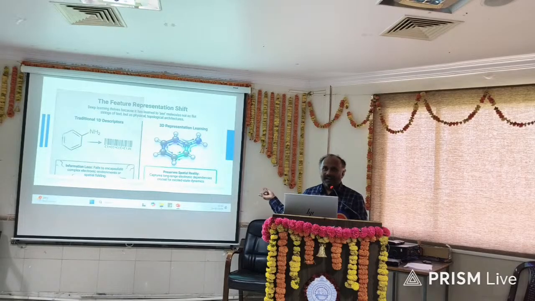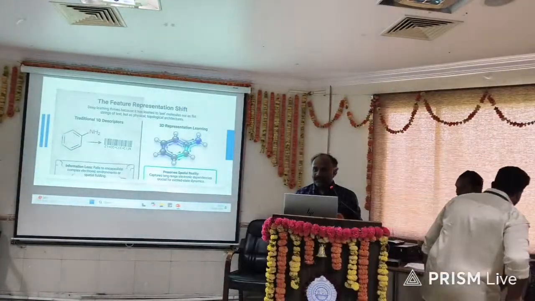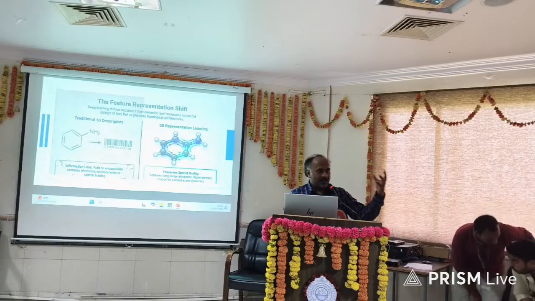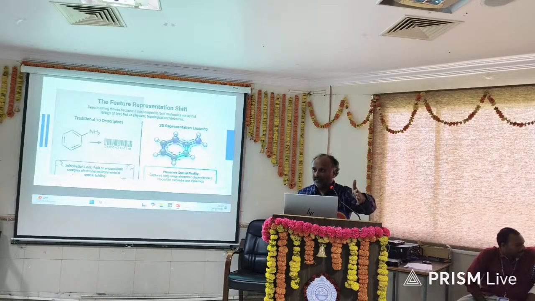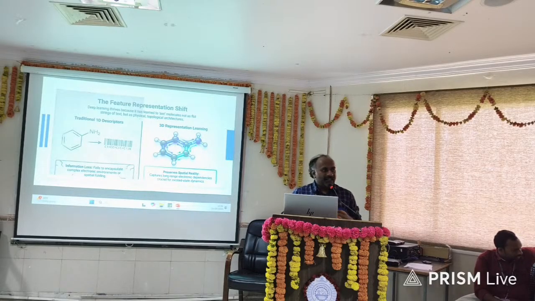But with the help of graph neural networks, we can incorporate much better information than the SMILES representation. So that means how we are converting chemical knowledge into neural networks is also expanding. When we have more precise information about the molecules, we can predict the properties in a much faster way.